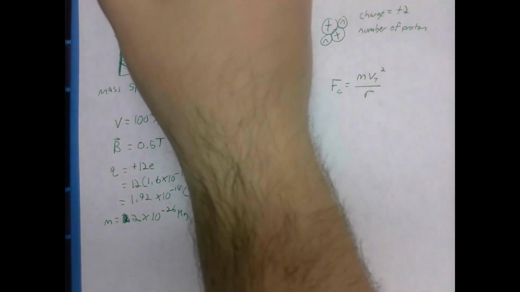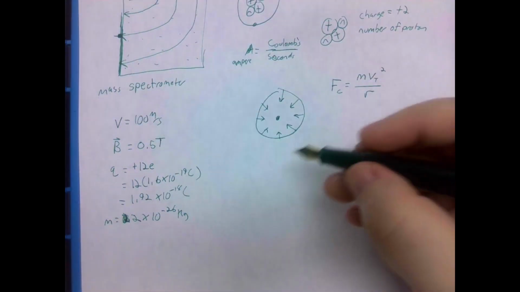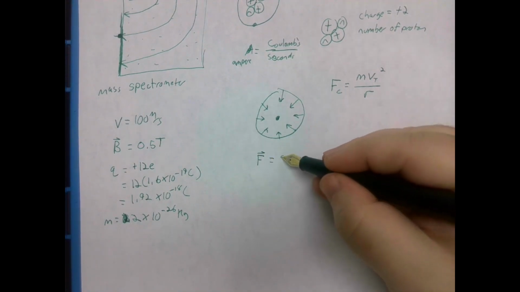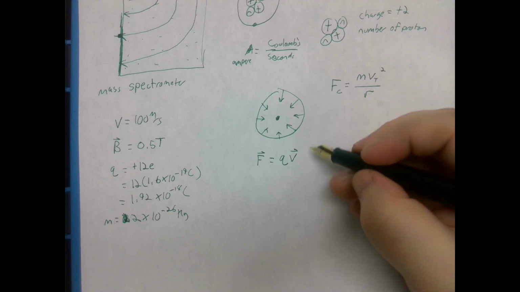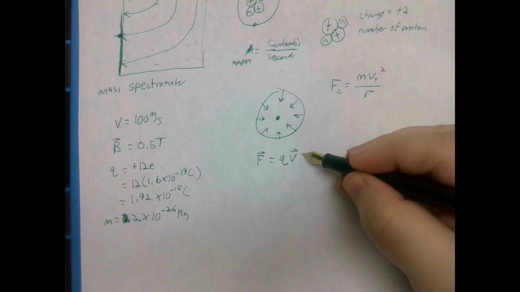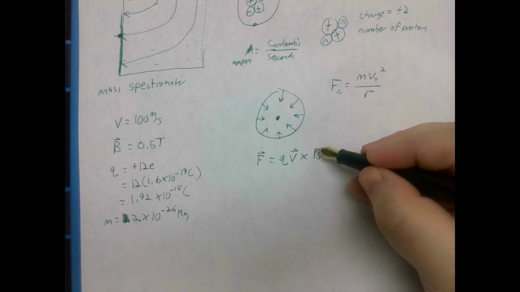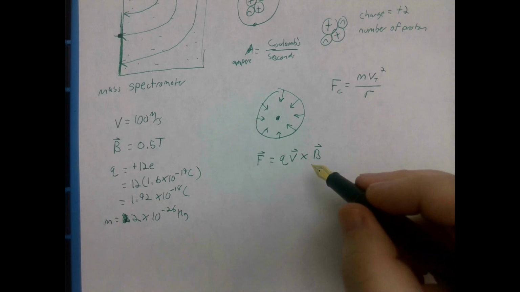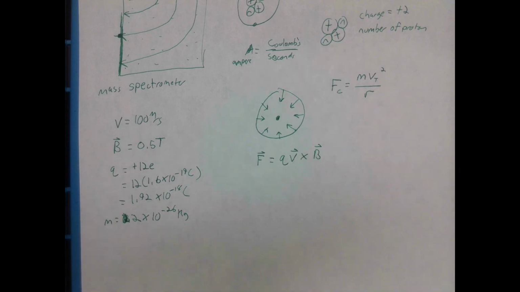So we know that the force making it go in a circle is equal to the charge times its velocity times the cross product with the magnetic field. And remember that if the two vectors are perpendicular to each other, then sine of theta is 1.